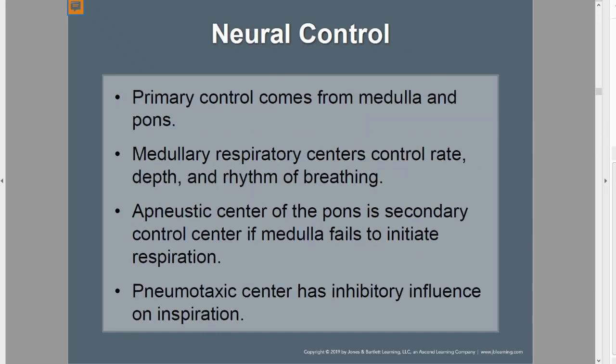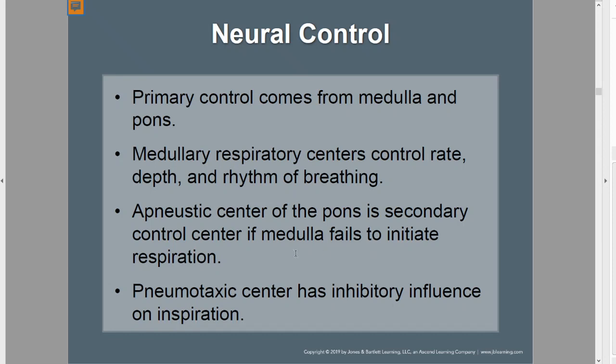Neural control. So this is breathing coming from the respiratory center of the brain, from the medulla and from the pons. The medulla, or medullary center, is going to control your depth and your rhythm. Then the apneustic center of the pons is the secondary control center if the medulla fails.